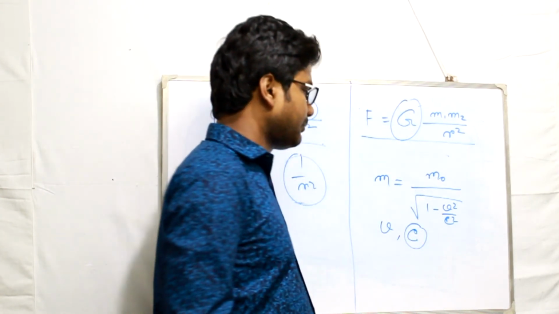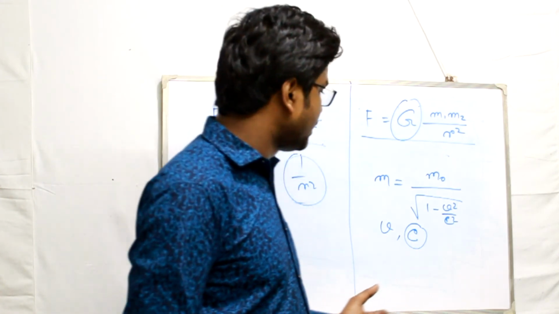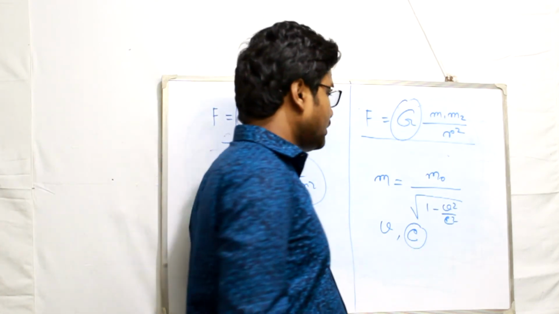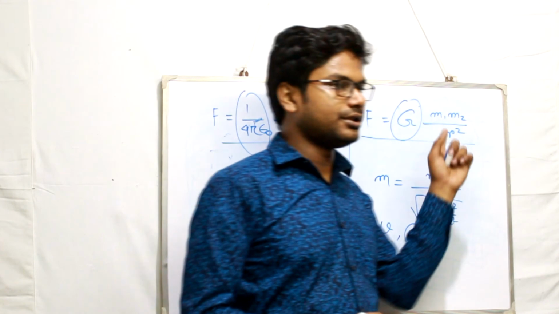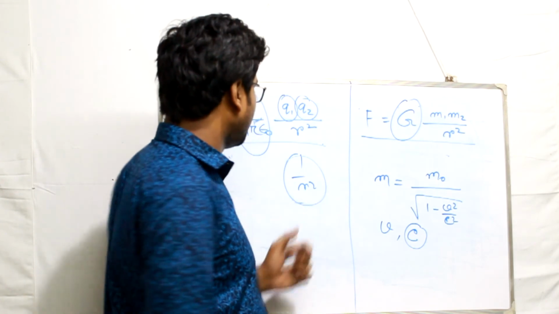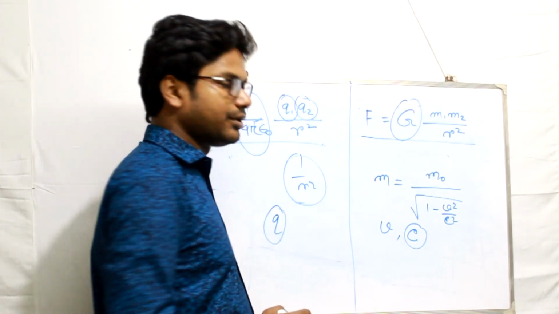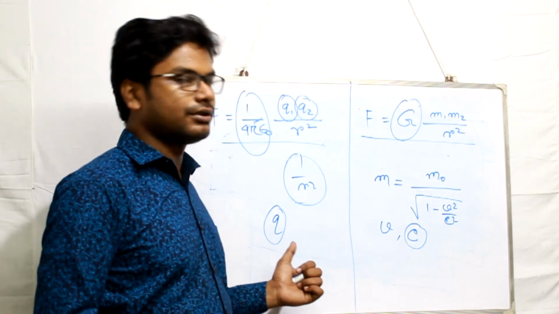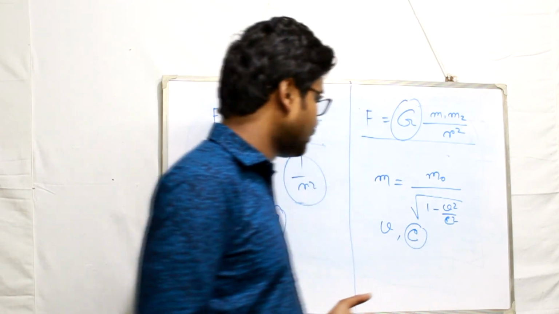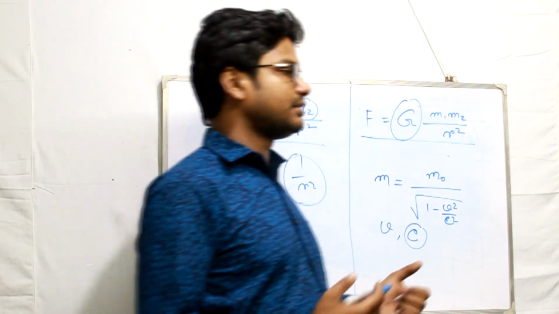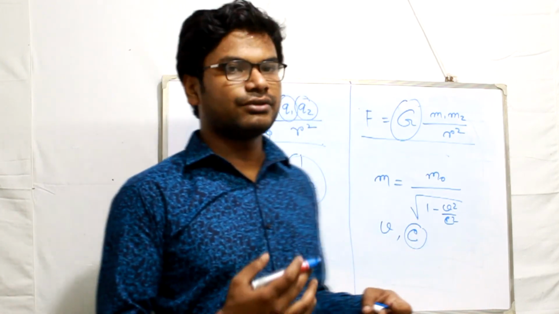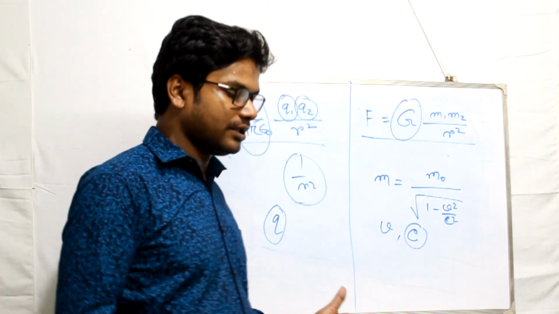So if the velocity of the particle is comparable with the velocity of light, then the value of the mass increases. So mass is velocity dependent, but the value of Q is not a relativistic quantity. That means mass is a relativistic quantity, but charge is not.